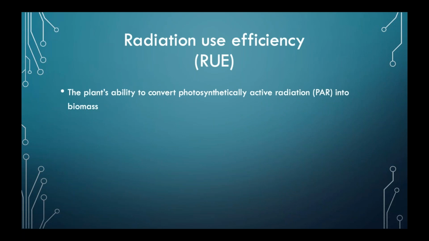But radiation use efficiency is, and that's RUE. RUE is the plant's ability to convert photosynthetically active radiation into biomass. Biomass, where do we get yield? It's a measurement of how well photosynthesis is performing, photosynthetic performance.